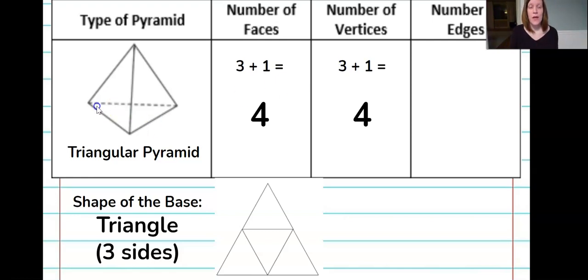So we say a triangle has 3 sides, so our base has 1, 2, 3 edges, and then we have 3 edges on the triangles that are the faces that meet around the side. So we're going to do 3 on the bottom plus 3 on the side. So we're going to do 3 times 2 is 6 edges. Make sure you have all of those written, and then we will do our next type of pyramid.